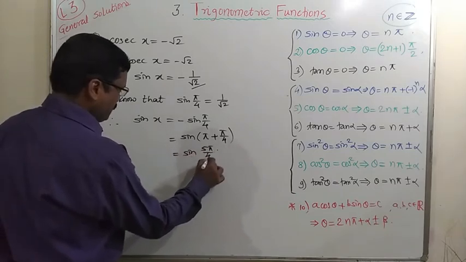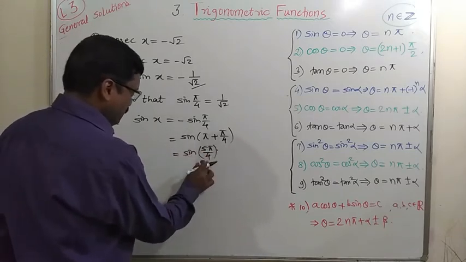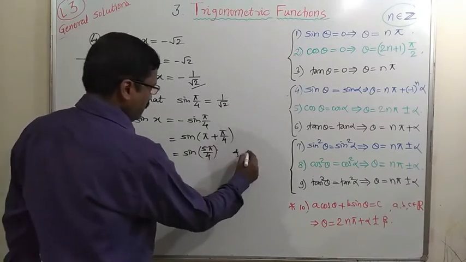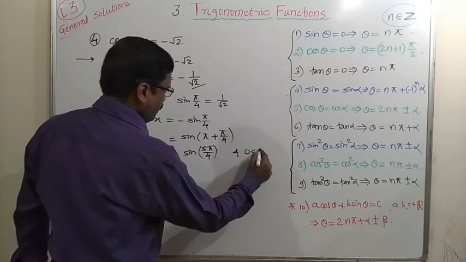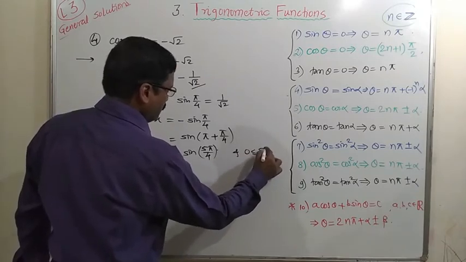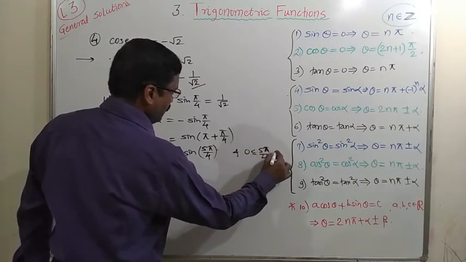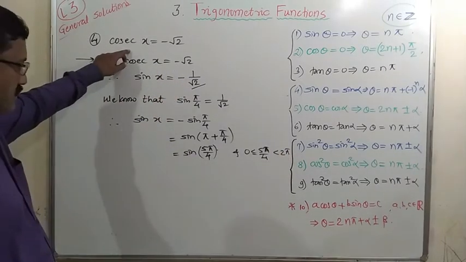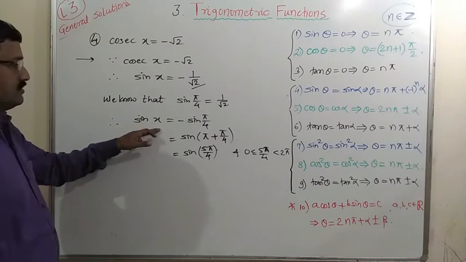sine 5 pi by 4. Now this 5 pi by 4 is the smallest angle or principal value of this function which gives this solution.